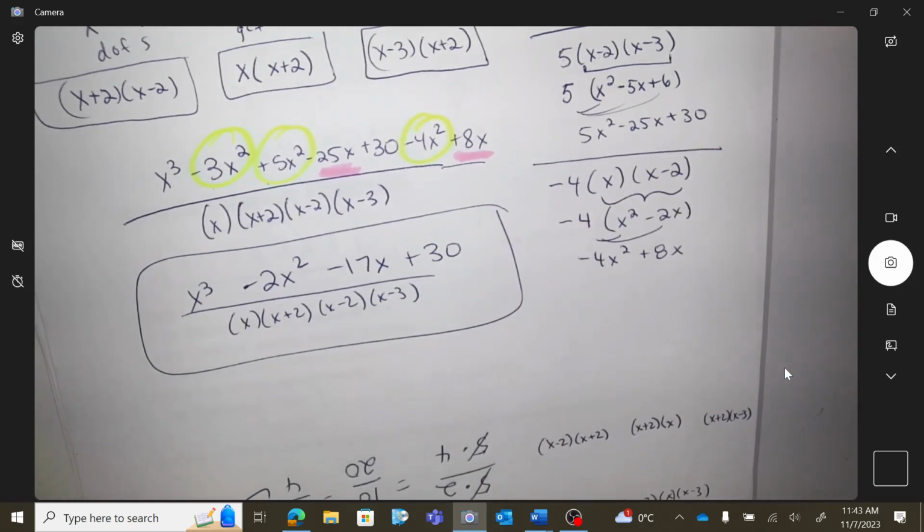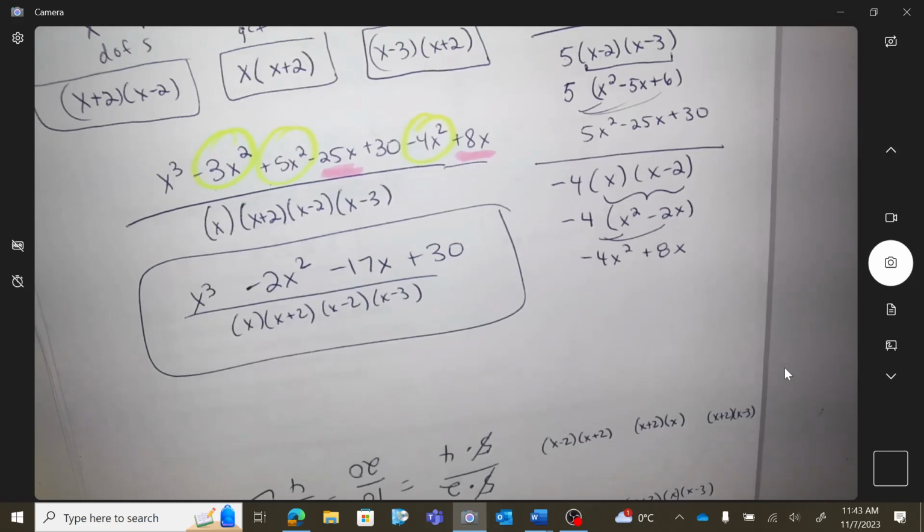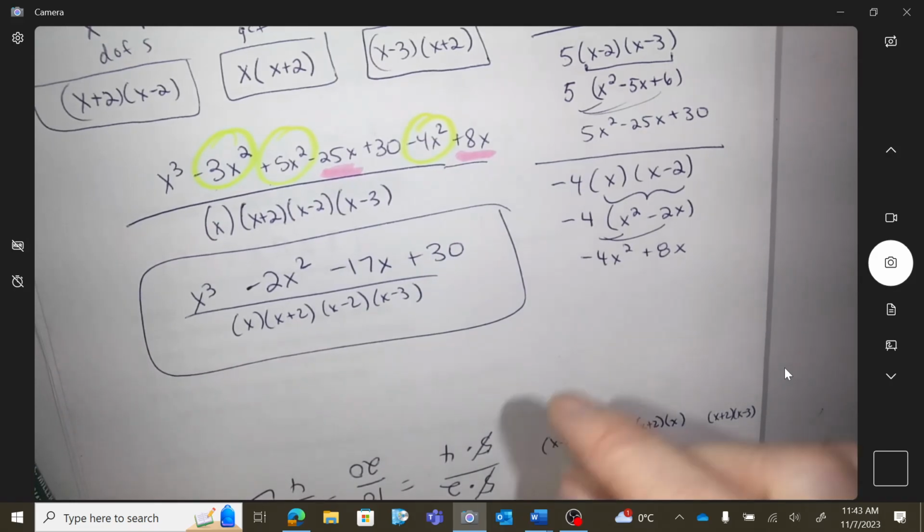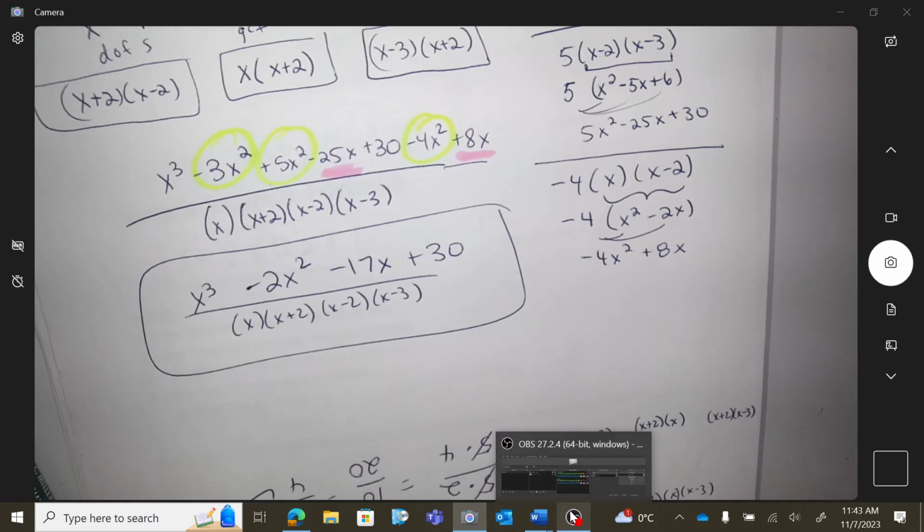Okay, so those questions I would say are just very tedious, and being particular, go slow, make sure you're doing your multiplication right, and there's lots of room for math errors where you just forget to add properly and whatnot.